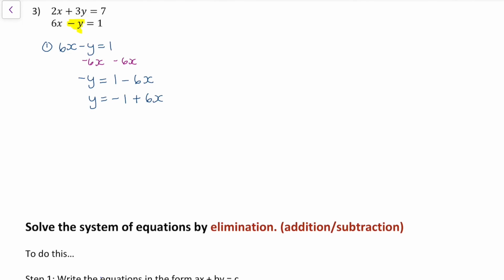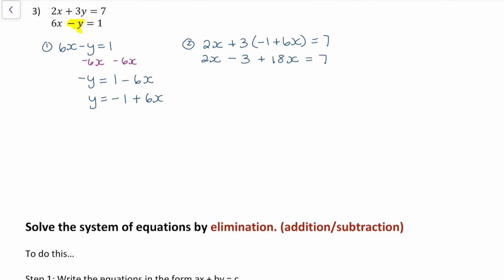My second step is going to be to substitute that into the other equation. And again, you know you've done this right if you only have one letter left at this step, which in this case is my x, which is good. So I'm going to expand that bracket. I get minus 3 plus 18x, because remember the 3 applies to both.